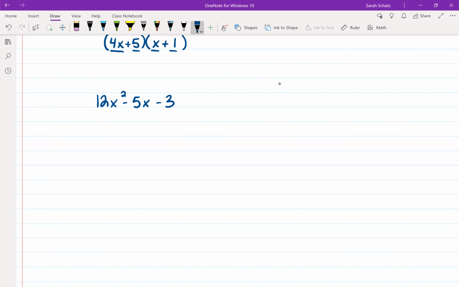Okay, so let's start with factors of the first term. We have multiple choices here, right? Actually, I'm going to let you guys lead. What do you want to use for the factors of that 12?